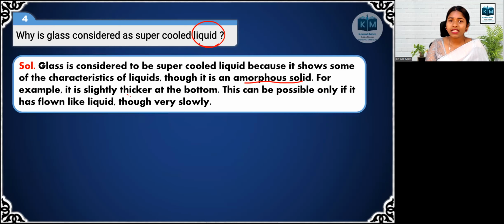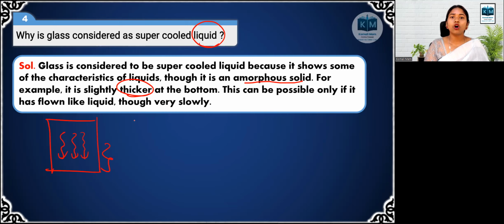Why is the bottom part thicker? In old buildings, the sunlight falls and the particles heat up. Again, at night it cools down. Heating, cooling. If this happens over many days, we see a slight movement of particles from top to down, and the bottom part of the glass becomes thicker because of the slight movement of the particles.